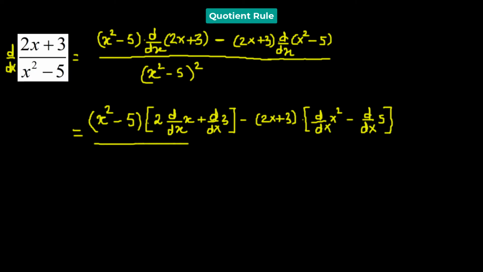whole divided by x squared minus 5 whole squared.